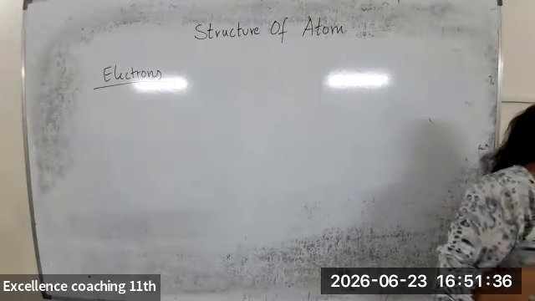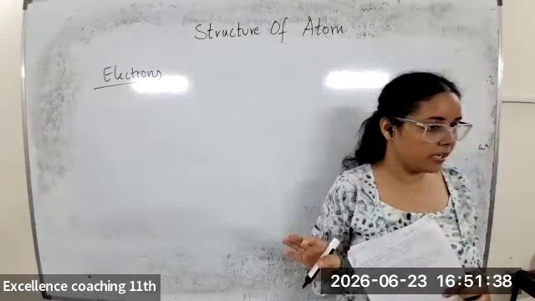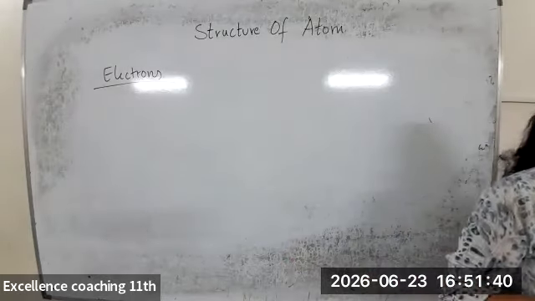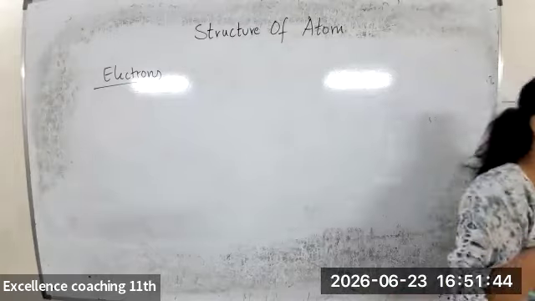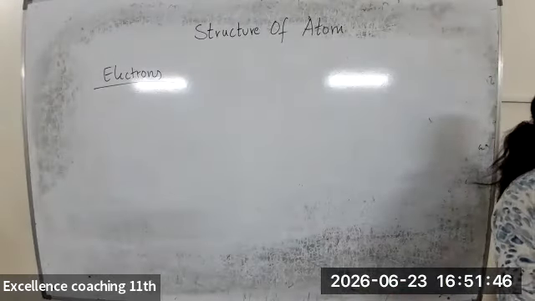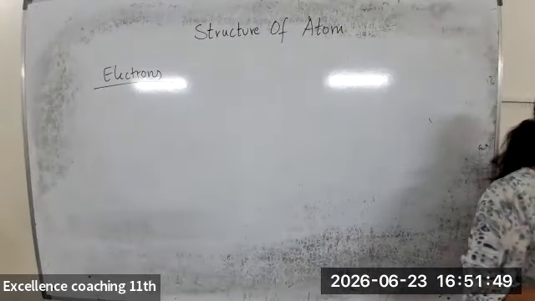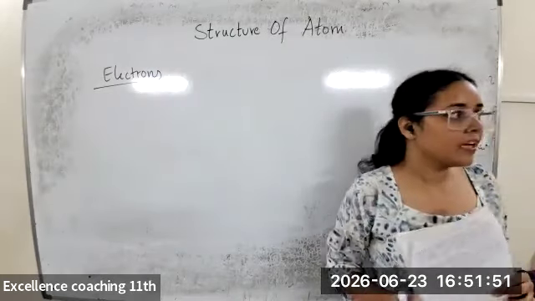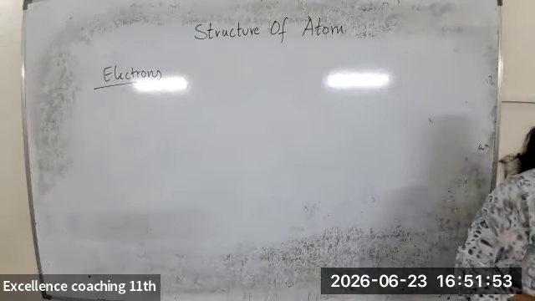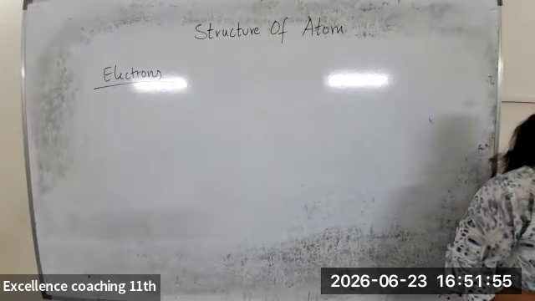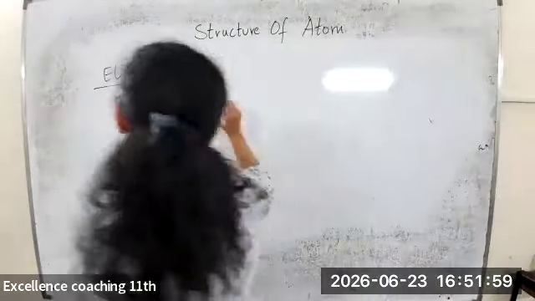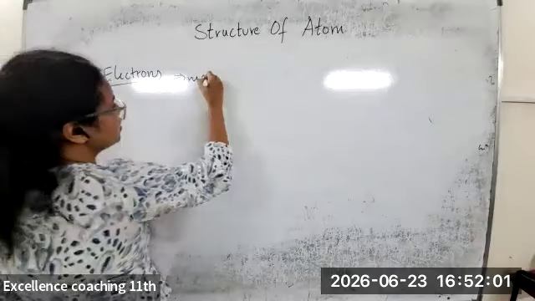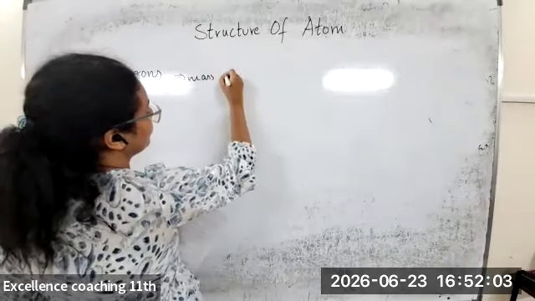They revolve around the nucleus in orbits, not orbitals. You said orbit only, right? You all will further on know the difference between orbitals and orbits. Then what is the mass of the electron? Mass of electron is basically 0.